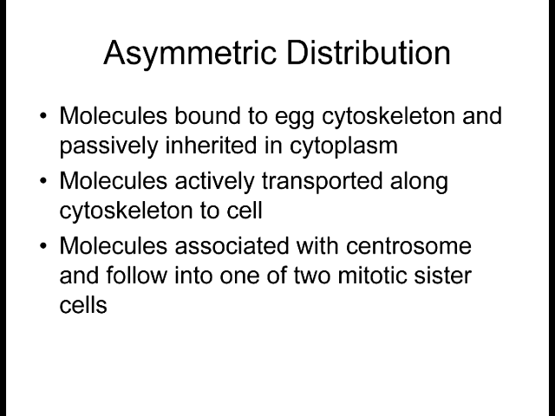The first one is the molecules, such as the proteins, or in some cases the RNA, are bound to the cytoskeleton and passively inherited in the cytoplasm. So when the cell divides, they're put in initial places and they're bound to the cytoskeleton and they don't move from those places. So in the initial setting up of the oocyte, as you're going to see with the Drosophila today, certain cells might put RNAs at opposite ends of the oocyte.